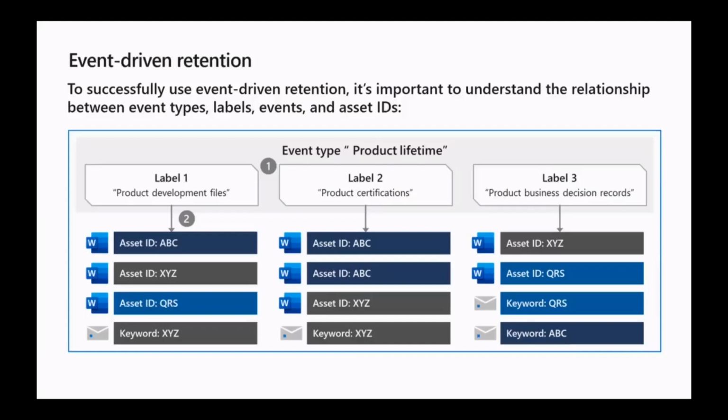And then, for example, the third label could be for product business decision records, okay? Again, in this case, who, for example, approved the certification for this product, okay? And then who added the label related to that product for all of these documents, okay? And again, this could be applied to emails, could be applied to Word documents, to PowerPoint slides, to spreadsheets, and so on and so forth, okay?